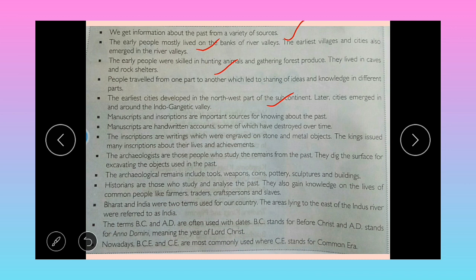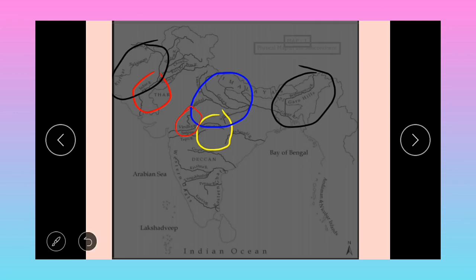North and west part means, here on the map, we can see the most of the part called the northeast part, and here is the west part. In these parts, most probably, the Dravidians were the people.